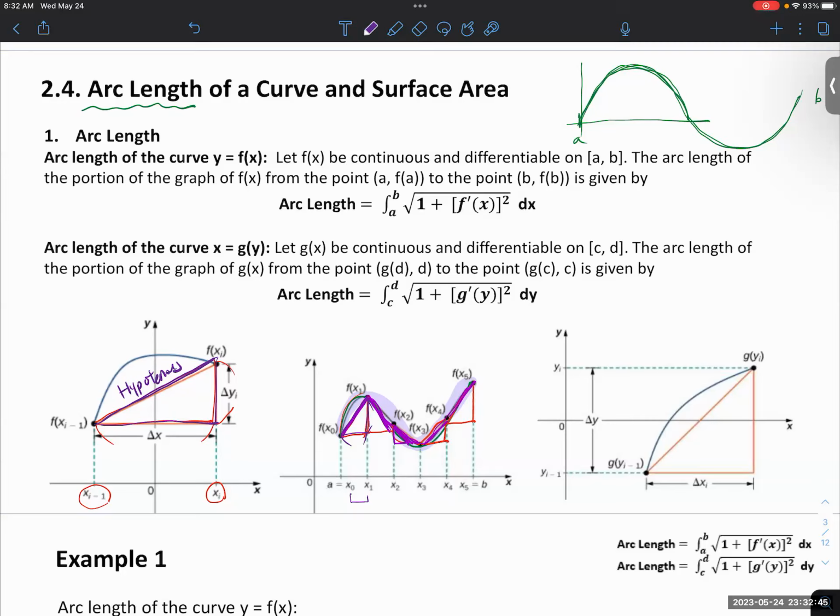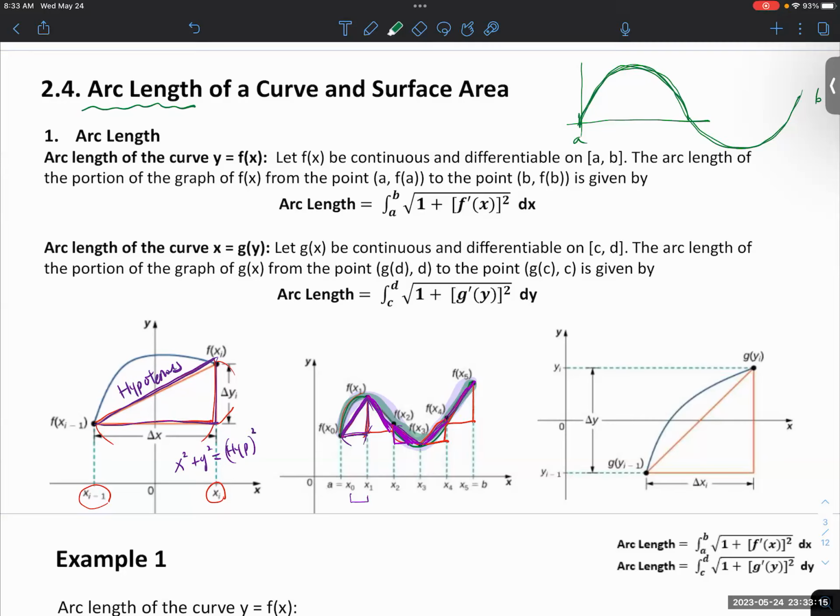So x squared plus y squared is going to be the hypotenuse squared. So you keep adding all the hypotenuses infinitely many times. They are getting close to the length of the arc. Does it make sense? That's why we are using the integral technique to find the arc length.